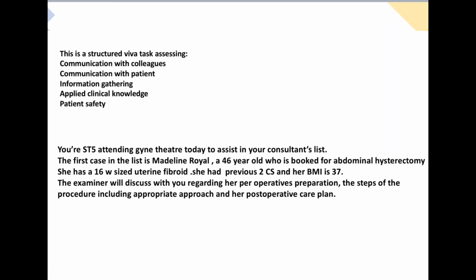Then try to dissect through the anterior leaflet of the broad ligament and go down and clamp and ligate the uterine artery after displacement of the bladder. So first displace the bladder down, and that's a very important step before ligation of the uterine artery, because the ureter is crossing below the uterine artery to go inside the bladder, right?